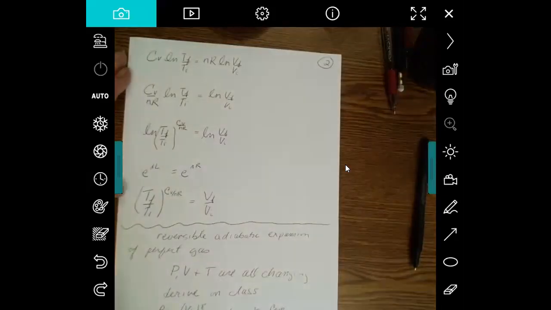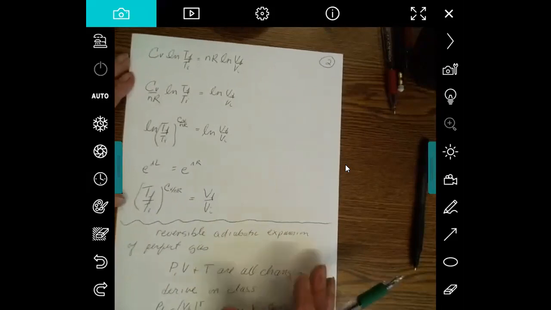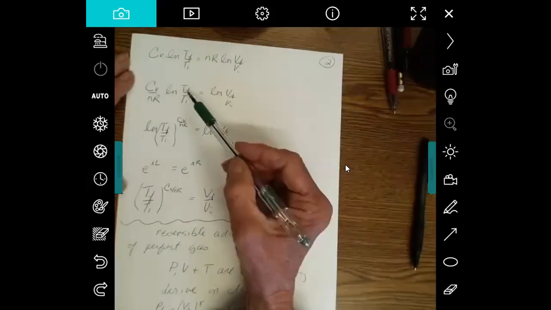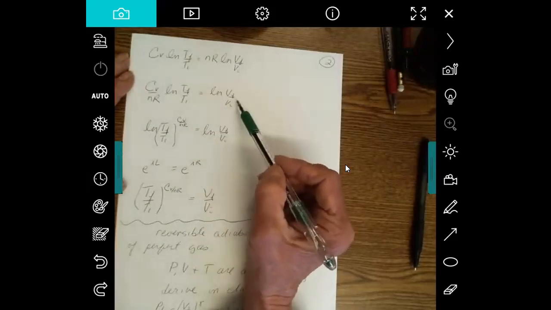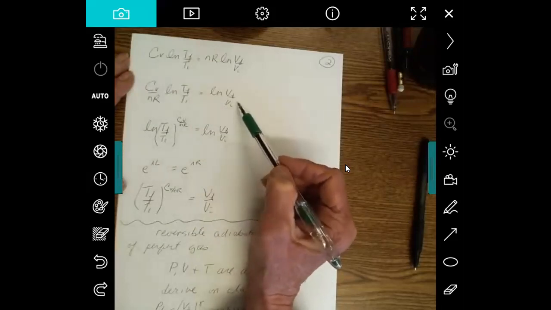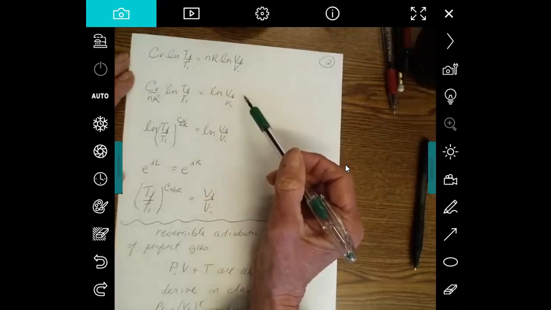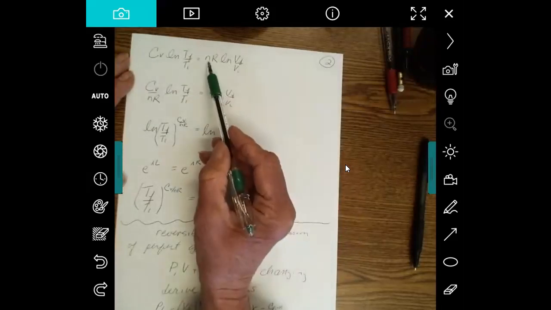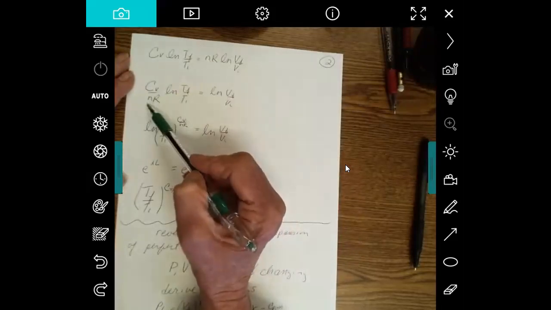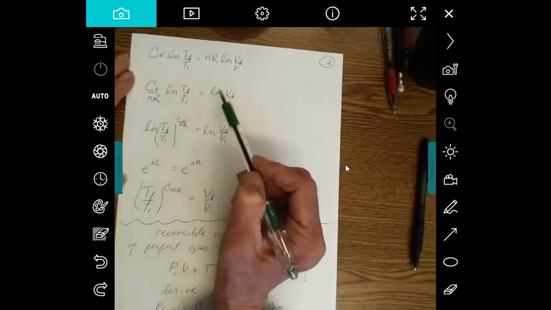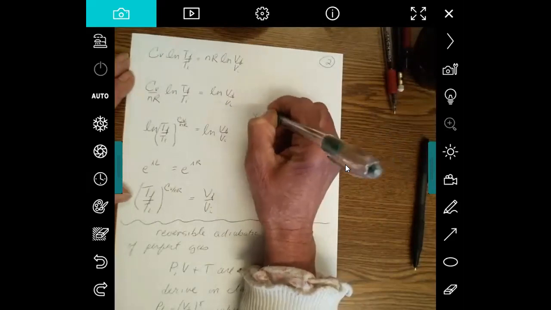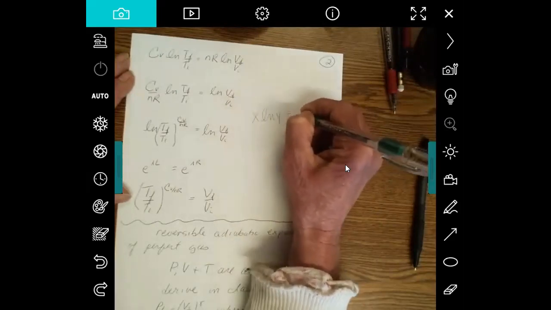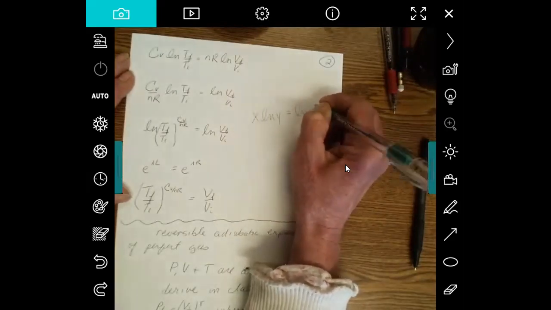And so if you want to derive a more concise way to relate, so really what you want to see is how does temperature change with a volume change if I don't allow heat to flow in and out of my perfect gas. So I'm going to take the nR over to the left-hand side, and now I just have this. But then we also know that x times ln of y equals ln of y to the x.